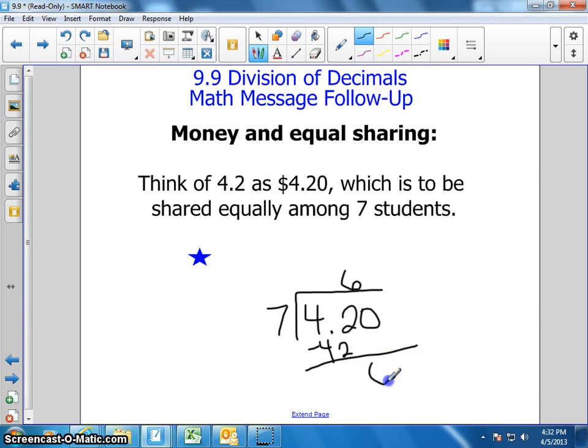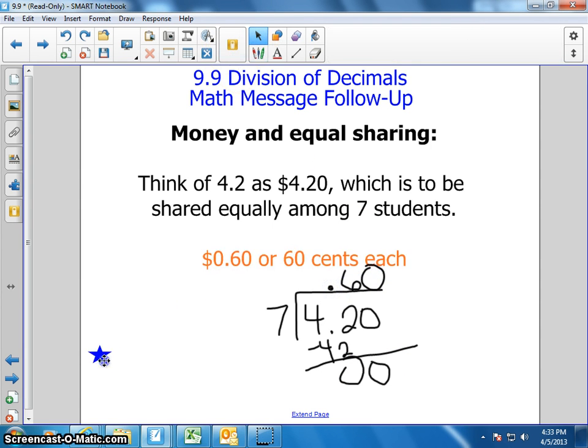And then we have zeros left over. So how much money would each student get? Each student would get 60 cents. It wouldn't make sense for each student to get $6 if the decimal point was here. It makes sense for them to get 60 cents because it's being split up between 7 students.